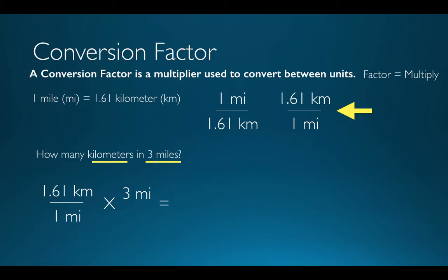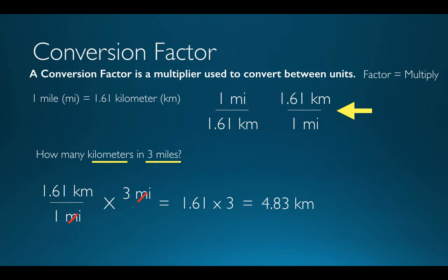Now the next thing I'm going to do is cross out the miles. I'm going to keep the numbers, but I'm going to cross out the miles because they cancel each other out. I'm going to be left with a multiplication sentence of 1.61 times 3. If I multiply 1.61 times 3, that gives me 4.83.